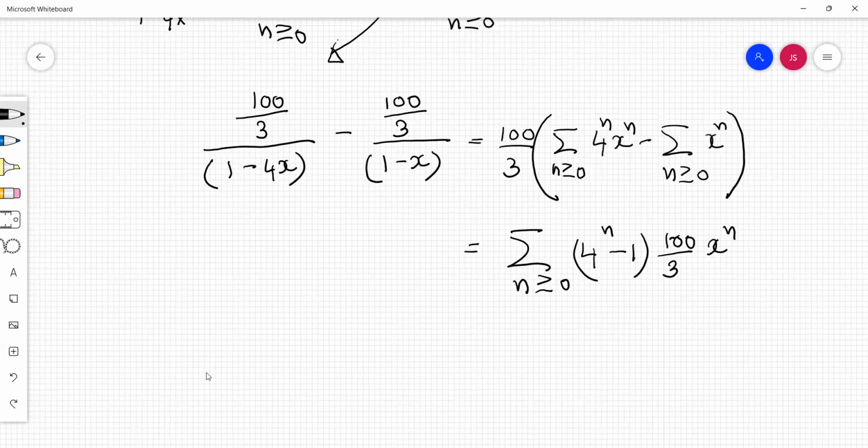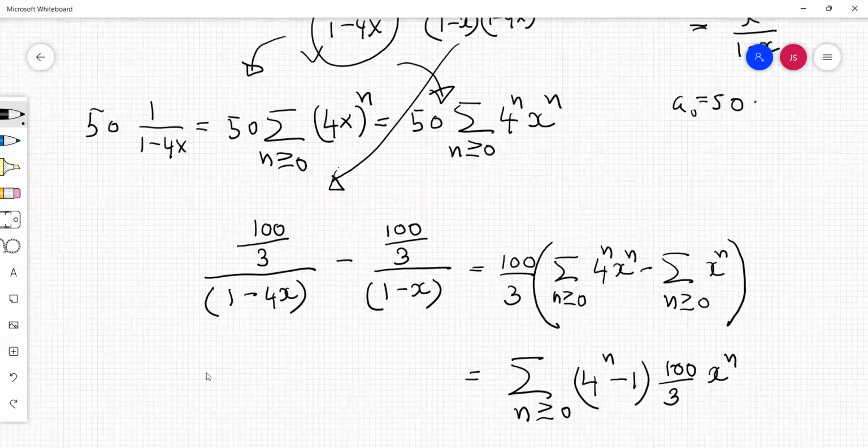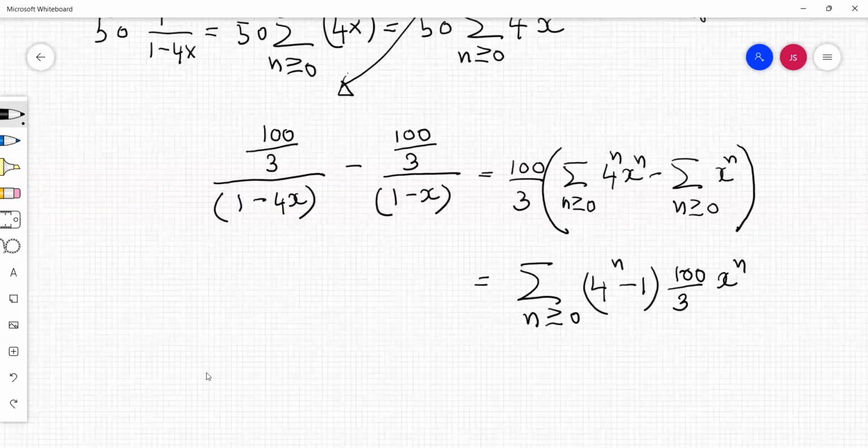Right? Now you can see you have 4nxn there, and here the 4n minus 1 times 100 over 3 xn. Now compare the coefficients by equating the coefficients.